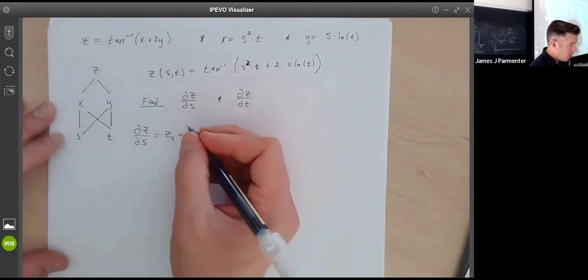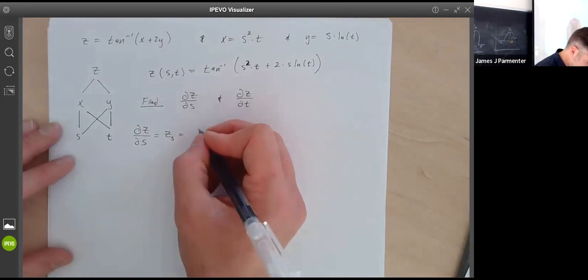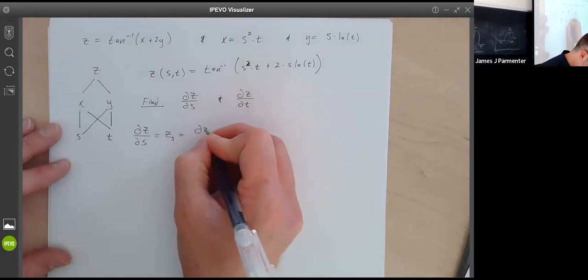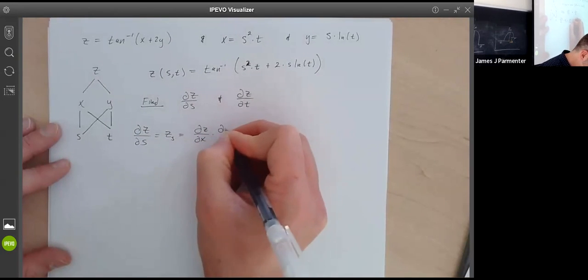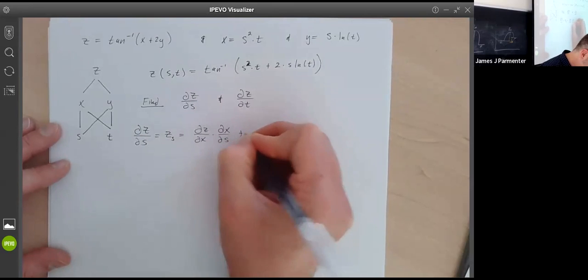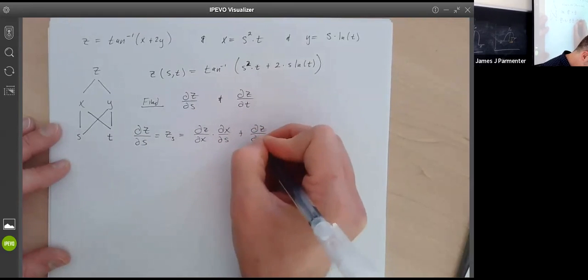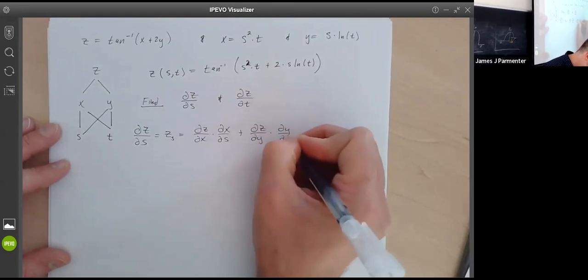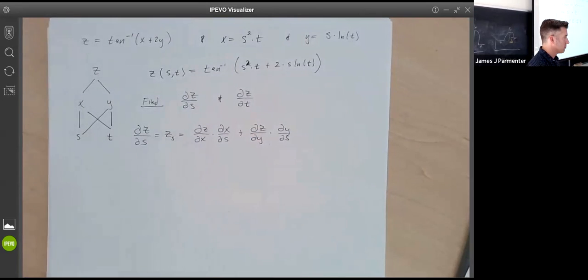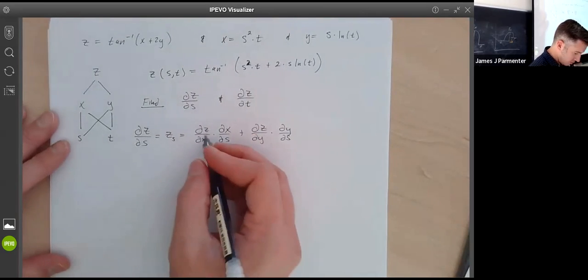It's just going to be all the paths from z to s. So del z del x times del x del s plus del z del y times del y del s. It gets to be a little repetitive, right? But it's always the same thing. You're finding the paths from one thing to the other thing. And then we find what they are.